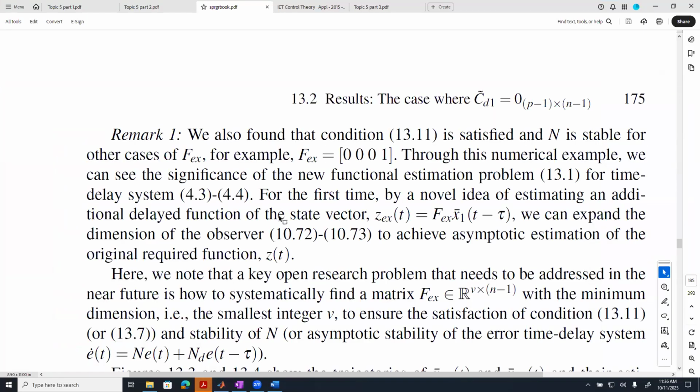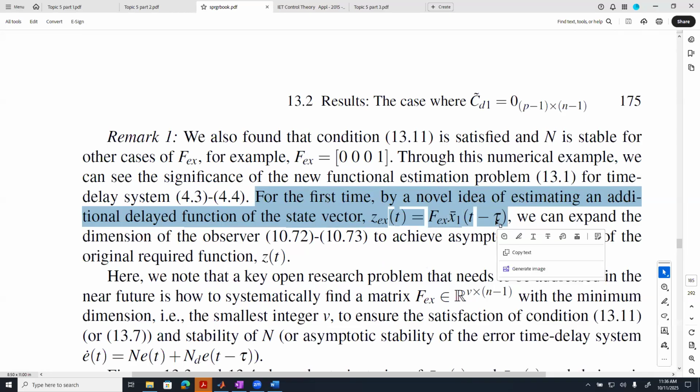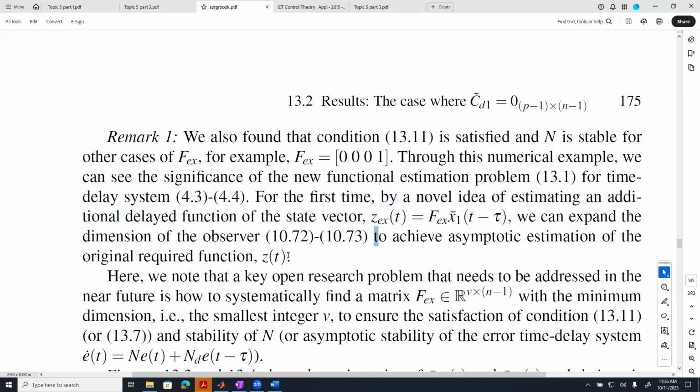All right. So now this is the summary, the statement that we want to stress here. This is for the first time. By a novel idea of estimating an additional delay function of the stack vector, we can expand the dimension of our observer without internal delay to achieve asymptotic estimation of the original required function.